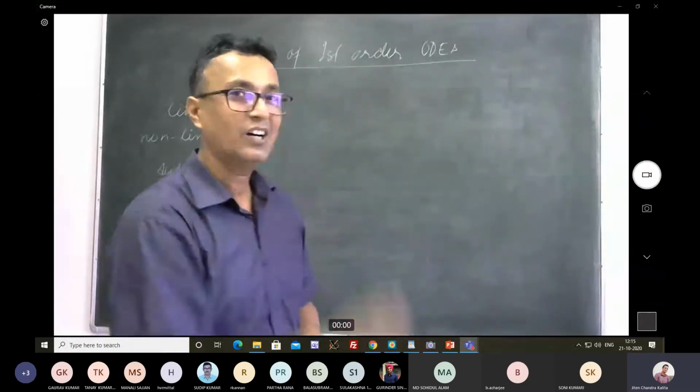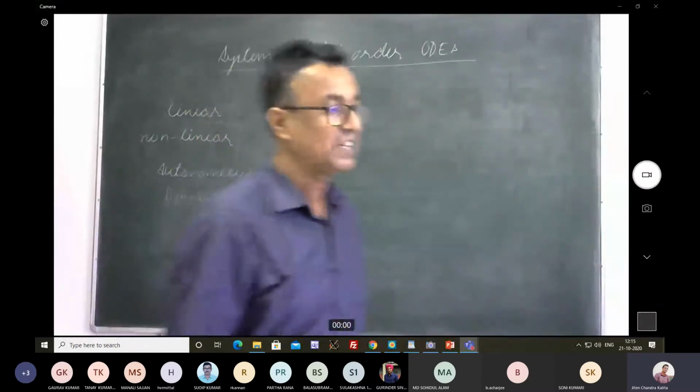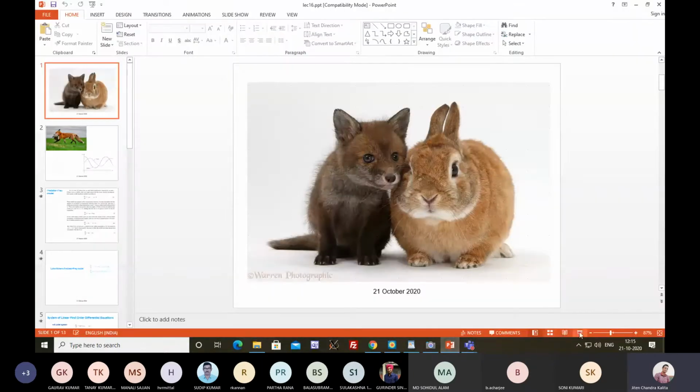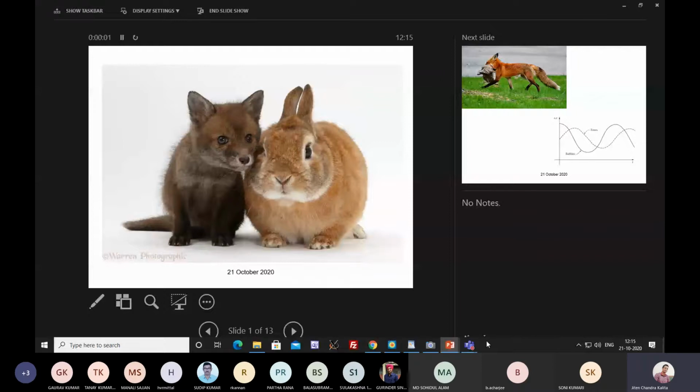To begin with, let me show you a cute little picture here. What do you see here? Can you tell me what they are? One is a rabbit.